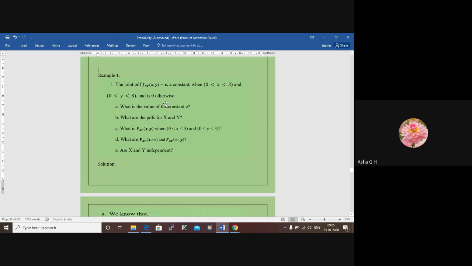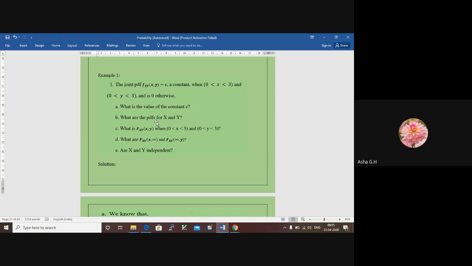Okay, plot the PDF for x and y separately. Okay, then what is the value of constant c? What is the PDF for x and y? Okay, these are the marginal PDFs for x and y. When you have a joint function and you are asked to find out the PDF for x and y, that is the marginal distribution.